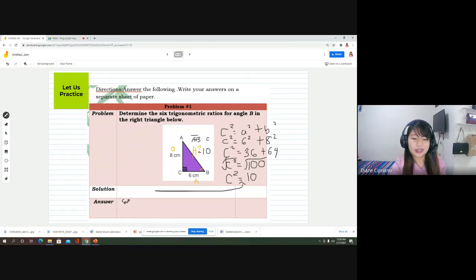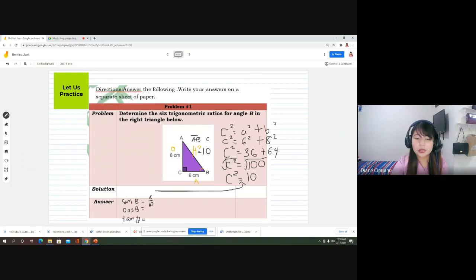Sine B, cosine B, and then tangent B. Sine is equal to opposite over hypotenuse. What is my opposite here? My opposite here is 8 over my hypotenuse, which is 10.